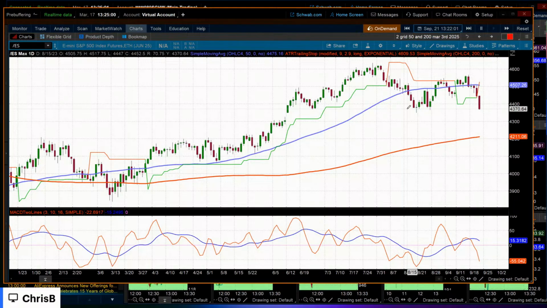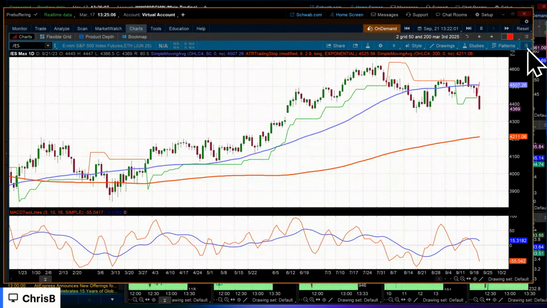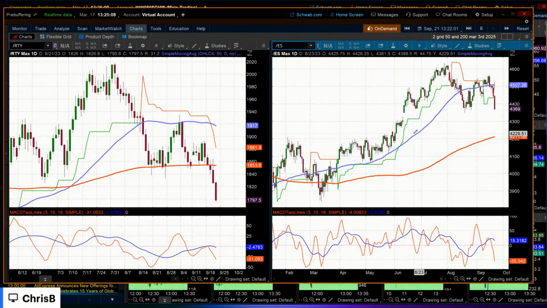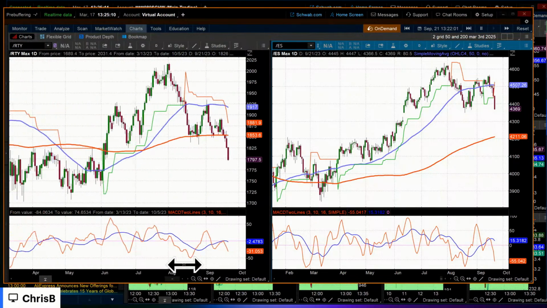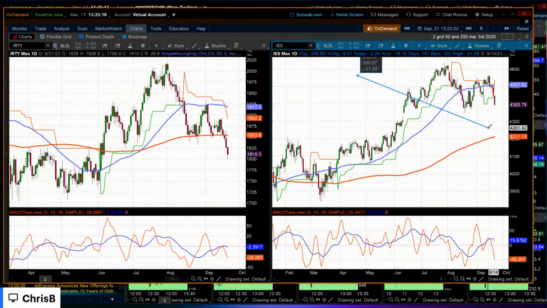That's your ES on September 21st. In fact, I can do this and restore the cells and show you. There. See the Russell falling apart? The farther under the 200 that goes, the more likely on the right this will at least approach it, which is what happened.